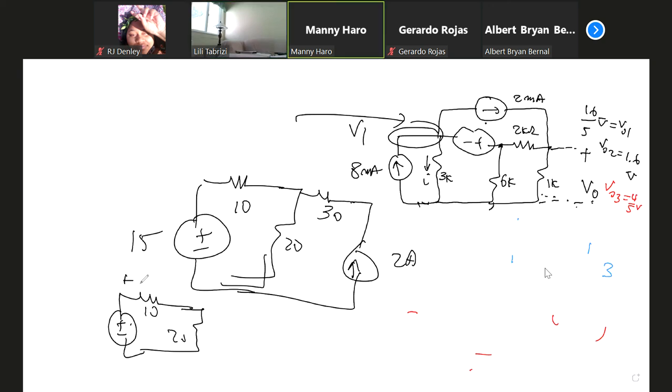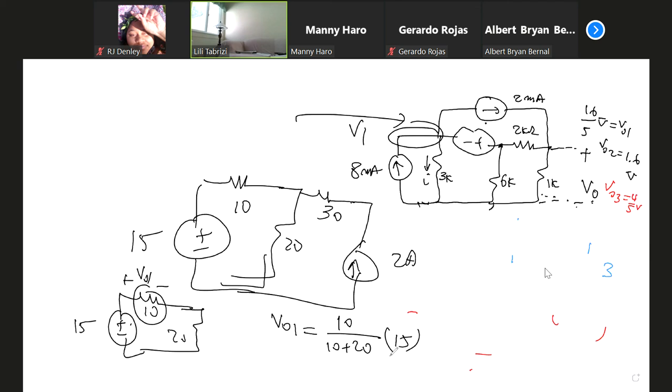The question here is find V0. We call it V01. In order to find V01, I use voltage division. It's 10 divided by 10 plus 20 times the input source, because it's a series circuit. So V01 is equal to 10 ohm divided by 10 plus 20 times 15.